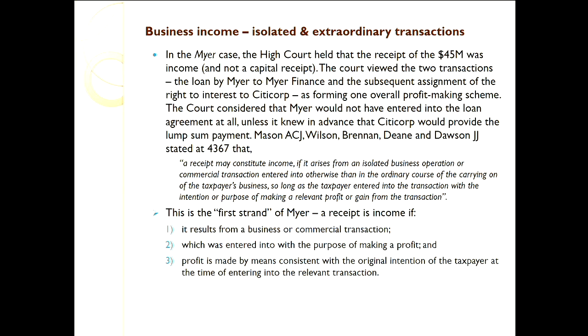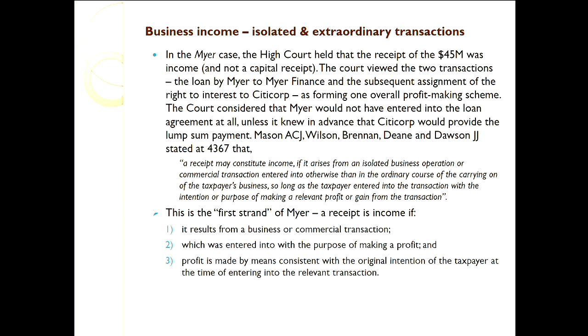Now, why is it income? Subsequently, people have analysed the High Court's reasons and broken up the reasoning into 3 elements. And you need all 3 elements satisfied to conclude the receipt is income under this Maya-Strand 1 test.